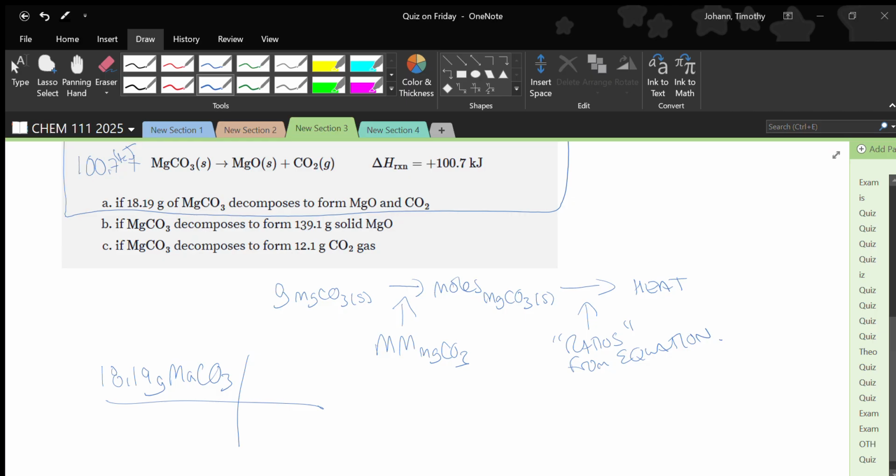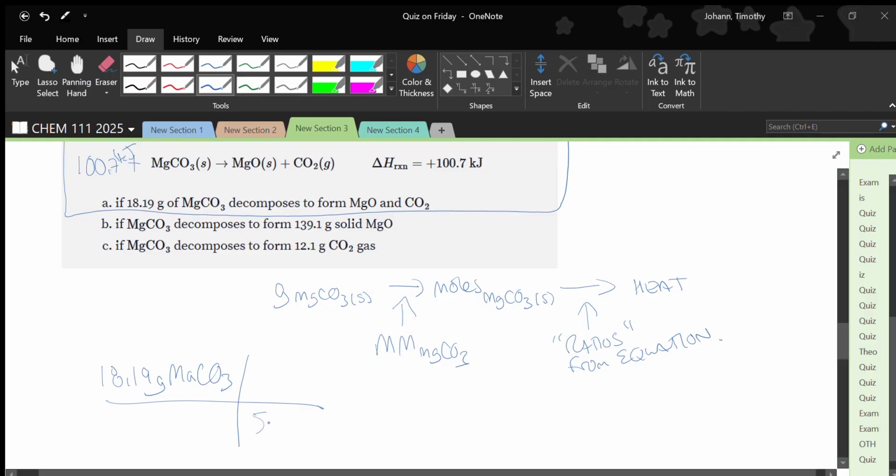Look at you, Tyler. 52.3, thank you. So 52.3 grams of magnesium carbonate is equal to 1 mole of magnesium carbonate. Grams cancels with grams. Now we need to go to heat.